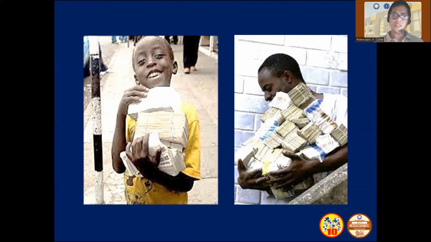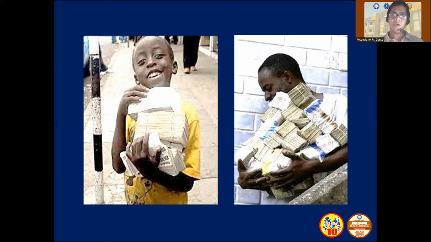That's why you can see this kid and this man going to the grocery. They bought with them bundles, volumes of paper bills that they will use to purchase goods and services in the market. So instead of using much materials in printing money, they decided to print a paper bill with that value, $100 billion.